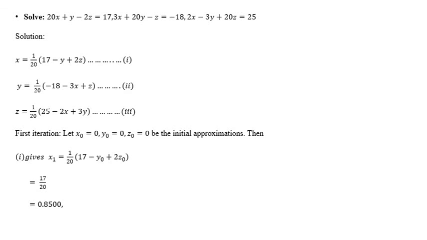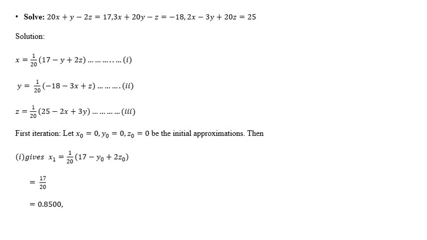To get the solution, in order to start the iteration process, we need to rewrite the first, second and third equations in the form x equals, y equals and z equals. So the first equation implies x equals 1 by 20 times (17 minus y plus 2z). The second equation is y equals 1 by 20 into (minus 18 minus 3x plus z). And the third equation implies z equals 1 by 20 into (25 minus 2x plus 3y).